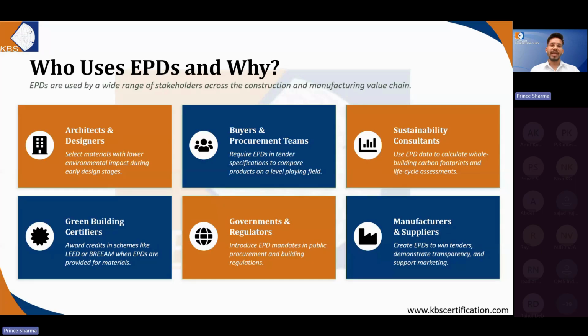And if we talk about type 1 EPDs, that will require about 40 EPDs for the products. So that is a case of having more and more load, right? So in that case, a third-party verified type 3 EPD is the best case.